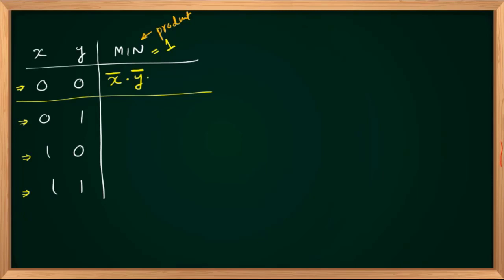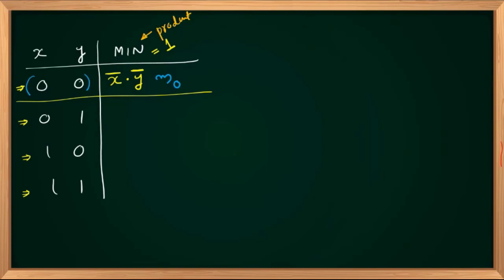And that min term is denoted by small letter m. Small letter m min term. And it will have an index. Index is corresponding to the decimal equivalent of that particular combination. What is the decimal equivalent of 0, 0? That is nothing but 0 itself. So that is M0, right? Please listen carefully.